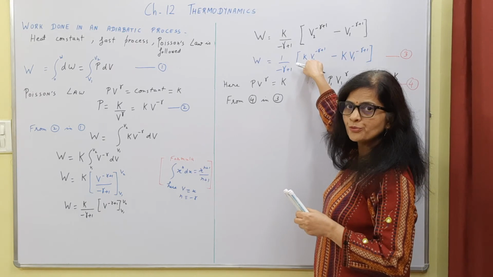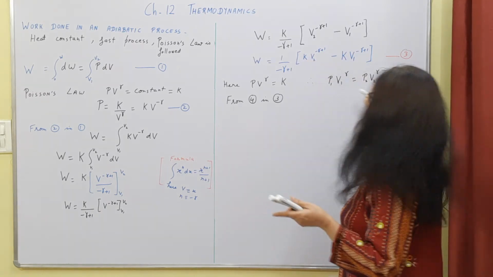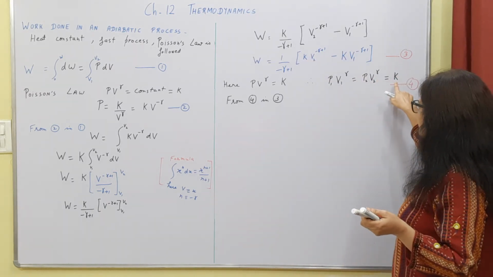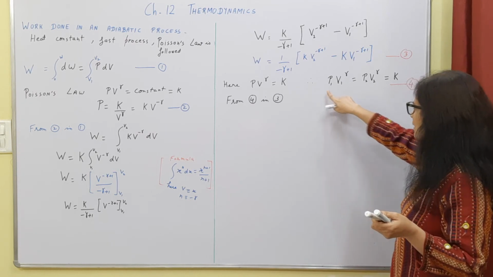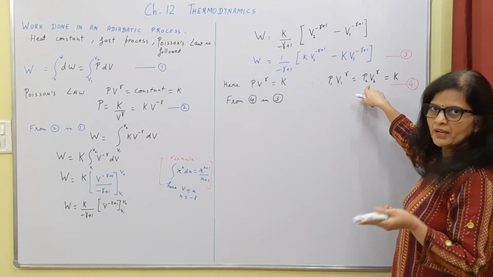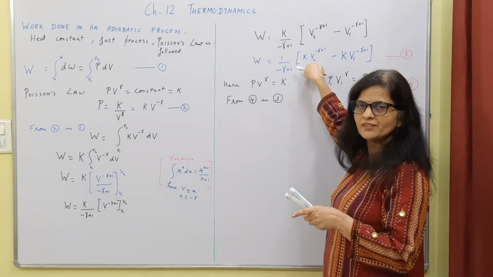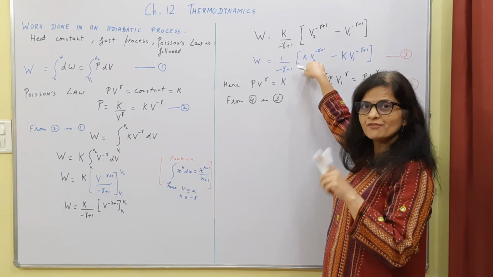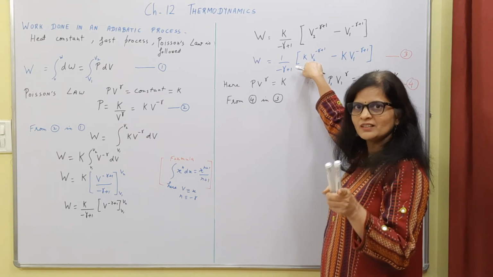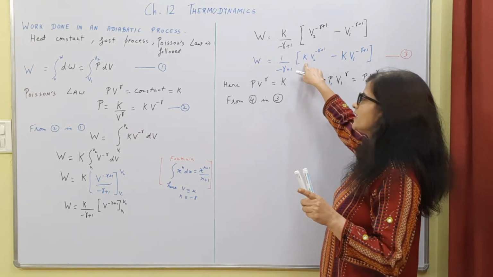So for v2, whatever is convenient to us, that value of k we will put. We can put k is equal to p1 v1 to the power gamma or p2 v2 to the power gamma according to our convenience. Here we know that its multiple is v2. That means the suffix 2 quantity is to be taken here for k.